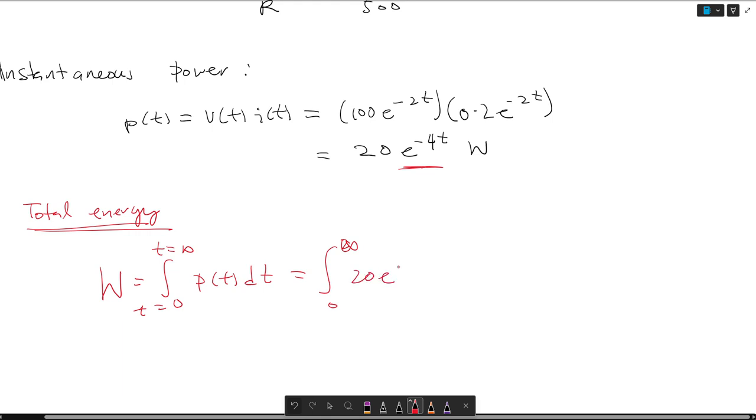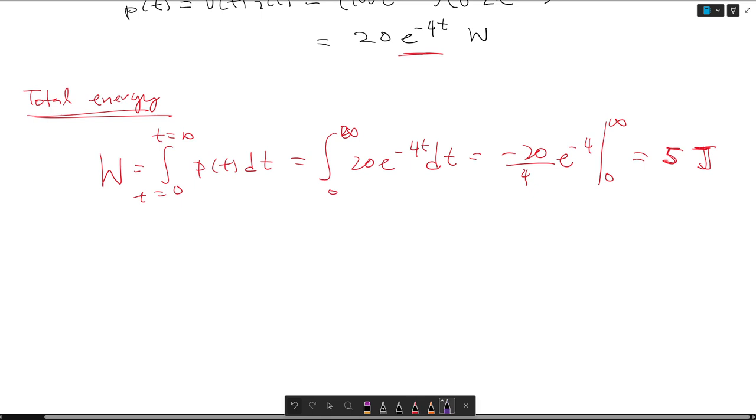This is 20 e to the minus 4t dt, which equals minus 20 over 4 e to the minus 4t from 0 to infinity. When you plug this in, we get 5 joules. Joules is the unit.